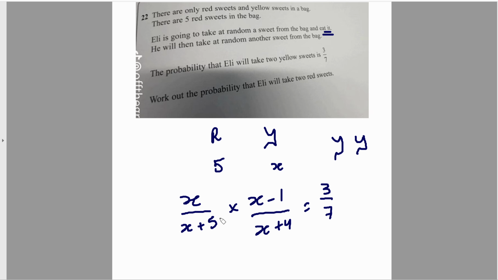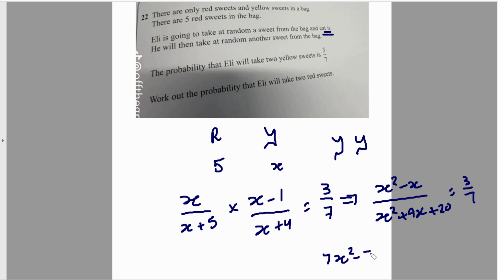It's algebraic fractions here, you need to expand. If you expand that, you get x squared minus x over x squared add 9x add 20 equal to 3 over 7. Cross multiply here, so 7x squared minus 7x equals 3x squared plus 27x plus 60.